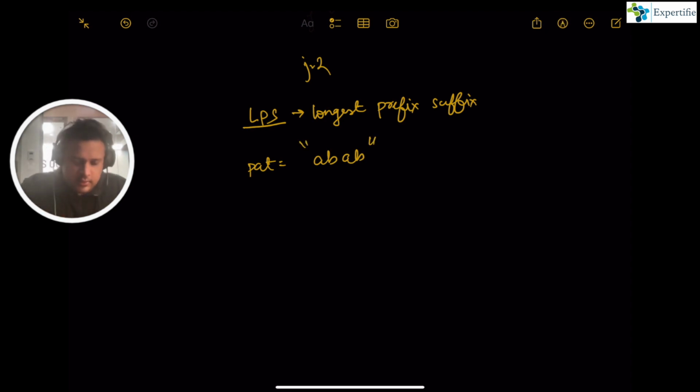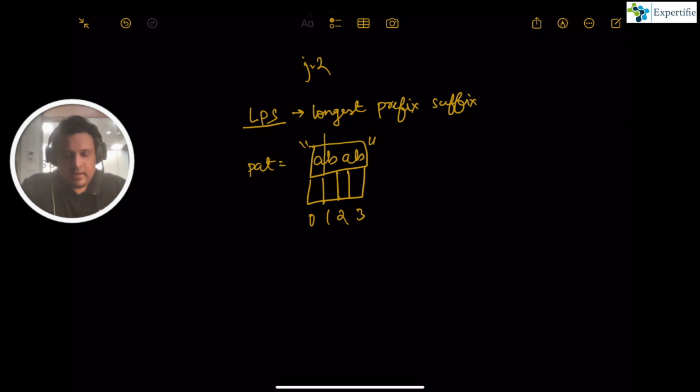At each substring of it we check this. So understand this properly. At I equal to 0, we populate an LPS array. At I equal to 0, you check in this substring what is the suffix that is equal to the prefix. We always initialize it with 0. The whole prefix and suffix will always match, so that is never taken into consideration.